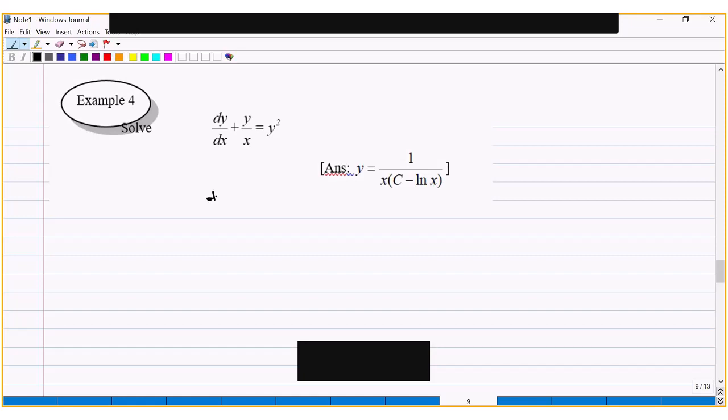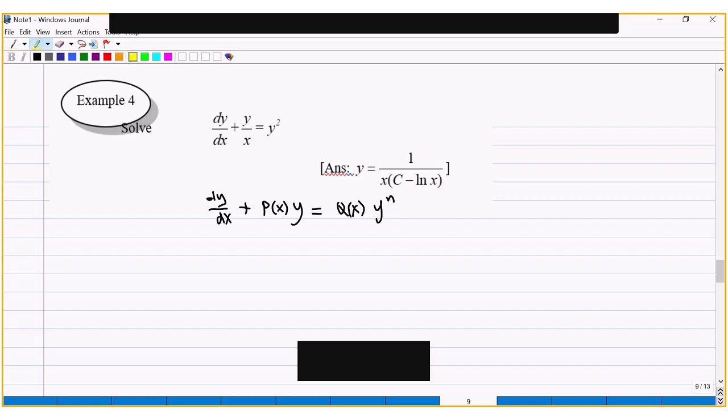You have dy dx plus px times y equal to qx y power n. Okay, this is the general Bernoulli equation. So by looking at the comparison, what is px now?